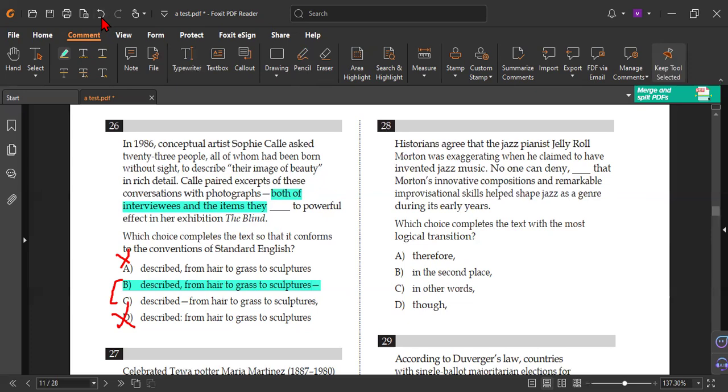So I found that before the first dash, complete the sentence after the dash. Yes or no? Let's read. Look, two powerful effects. That means this is the best placement for the dash, and that is the second dash. It must be here, not there.